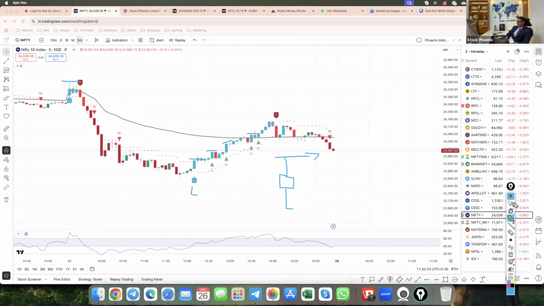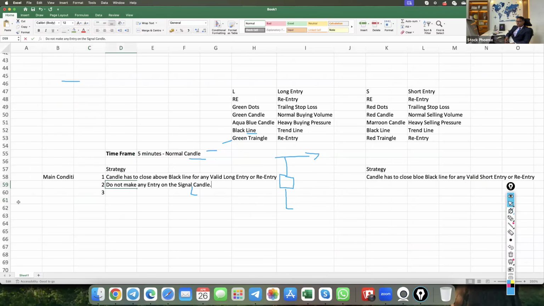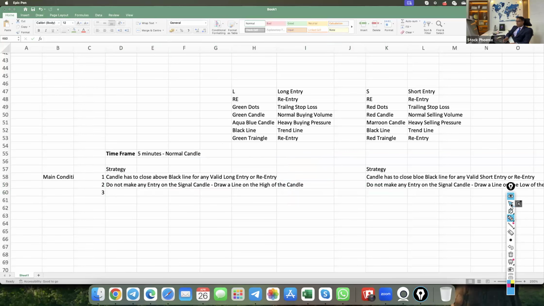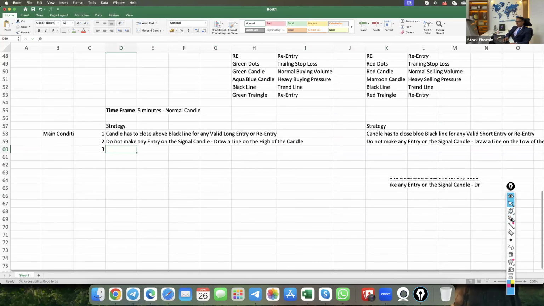When you have a signal candle, do not make an entry, draw a line on the high. Similarly, do not make an entry on a signal candle, draw a line on the low of the candle. Now, let me teach you the entry.